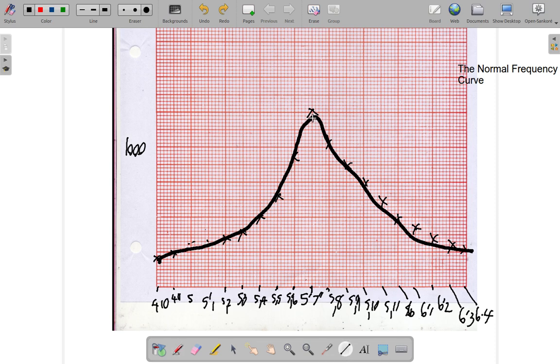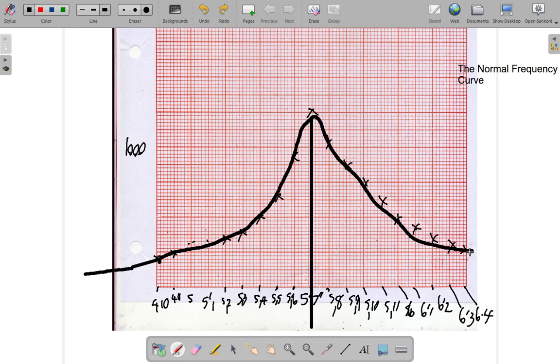And the average height is 5'7", so the average is at the center. You have one extreme and another extreme. If you should have gone, say 4 feet 9, 4 feet 5, 4 feet, 3 feet odd, it would have gone way down very fast.